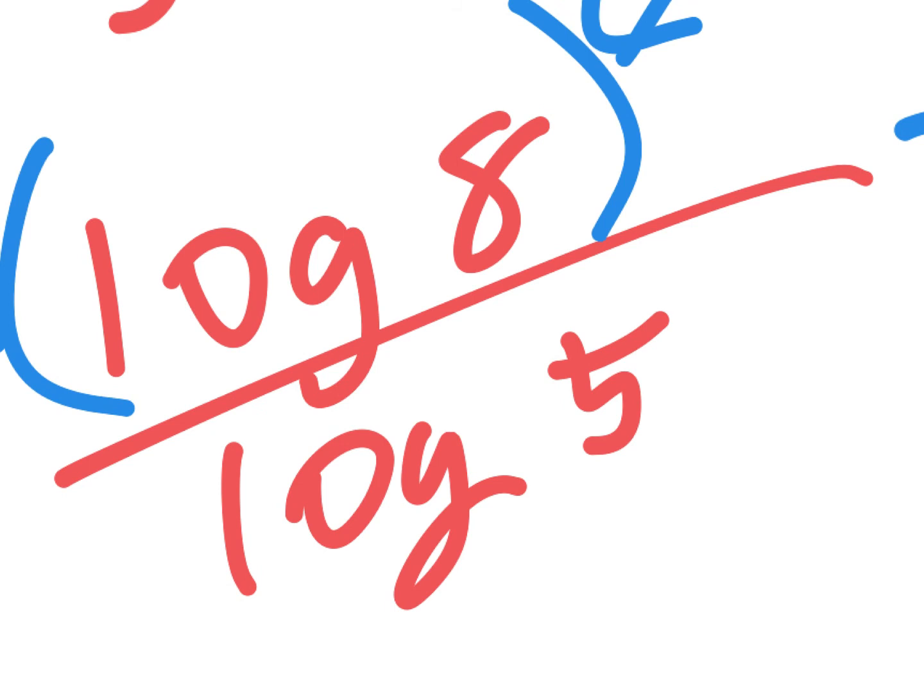I know you like to use log 8 and log 5 because you have a button called log. What's another classic log button, but it doesn't say log? Yes, the ln button.